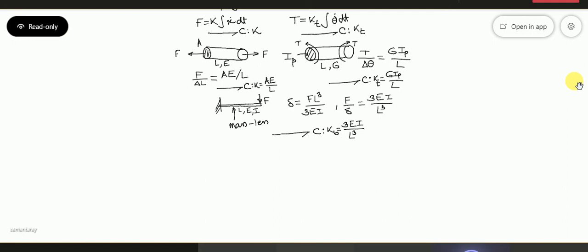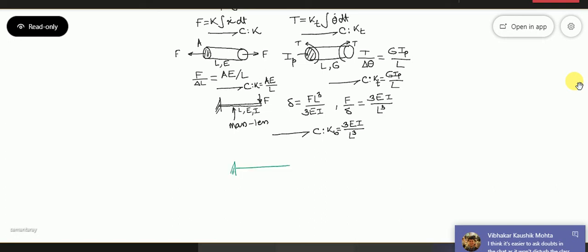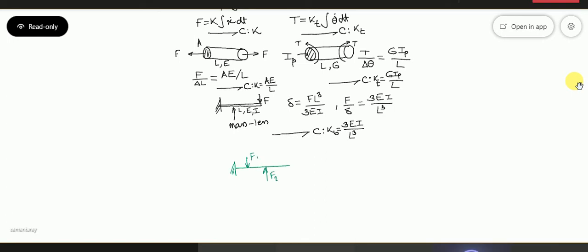If you have many such loads, then you cannot represent it by a single spring. You have to write a finite element. Suppose you have this or whatever, F1 here, somewhere F2, some F3.